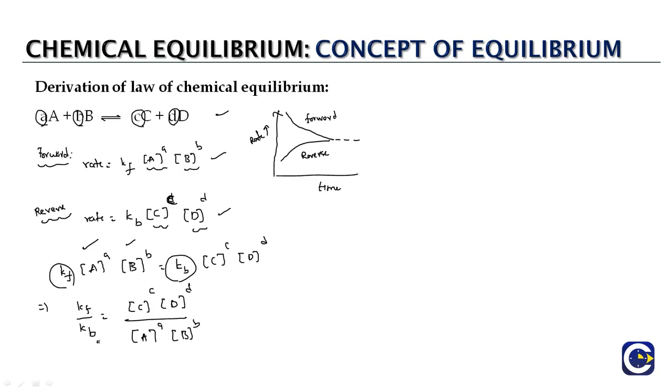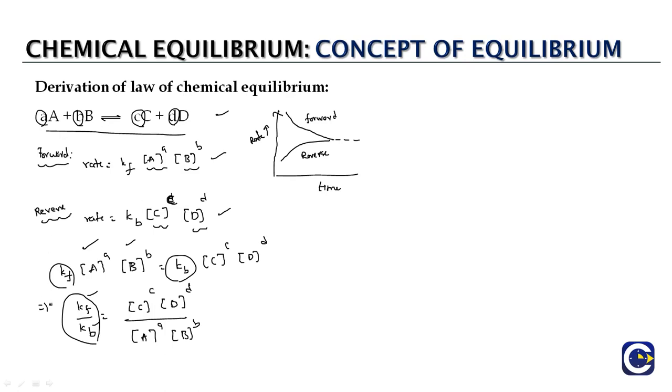And we already talked about the property of rate constant or velocity constant. The rate constant for a given chemical reaction will be a function of temperature, which means both the Kf value and the Kb value are functions of temperature for the given chemical reaction.